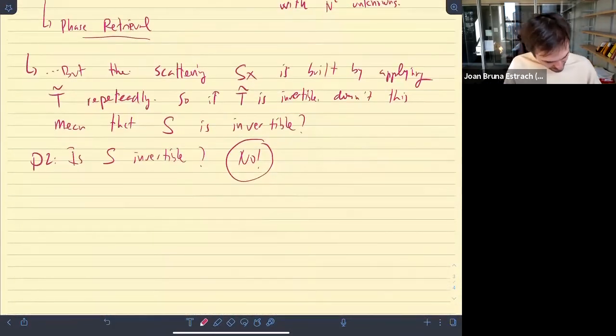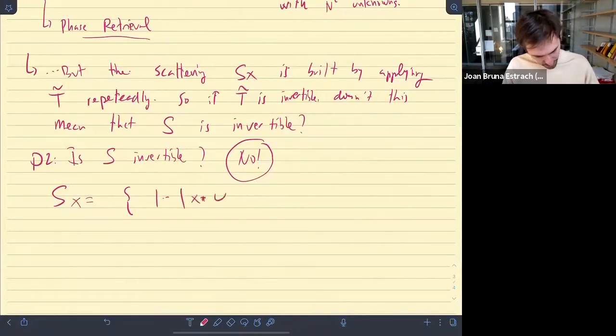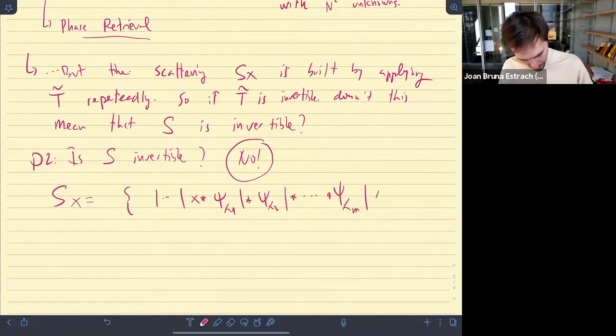So remember that S of X is just a family of all these concatenations of applying lambda 1 to lambda 2 up until the last coefficient. But then I always end up with a low pass, right?